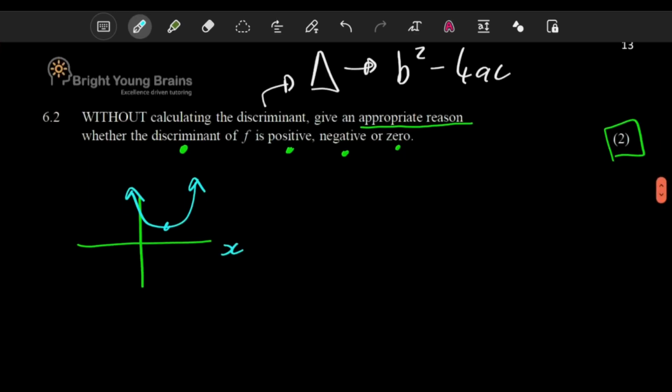If it's not touching the x-axis at all, it means that your discriminant is negative, which means that delta is smaller than 0.